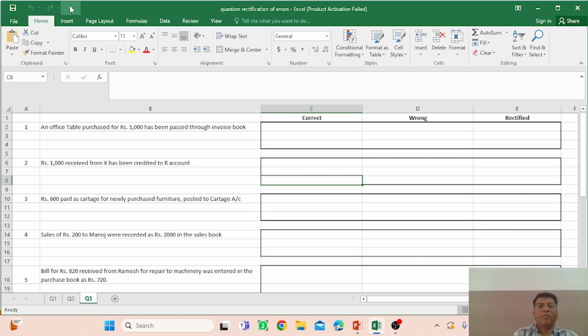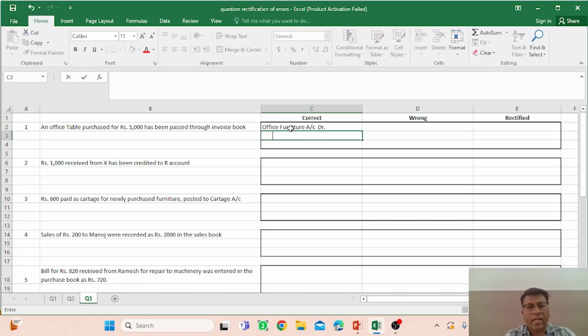Okay, so the first column is the correct entry. You have to make office furniture account debit. And what goes out is the cash, or the bank if a cheque is mentioned in your transaction, in which case you make the bank account credit.